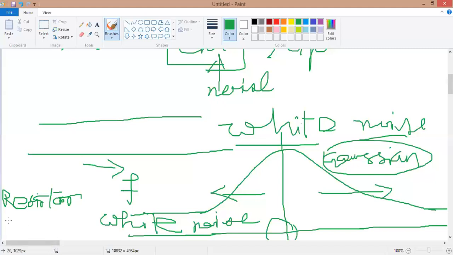Another thing is that the diode is also responsible. The random movement within an active component like a diode will generate another noise, that is shot noise.